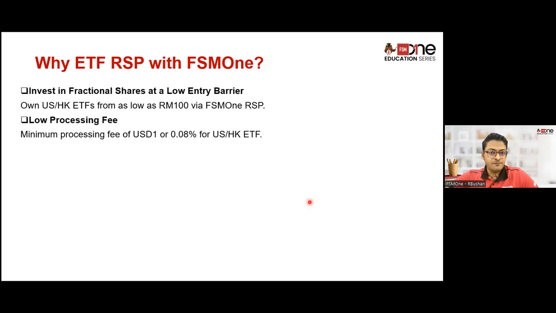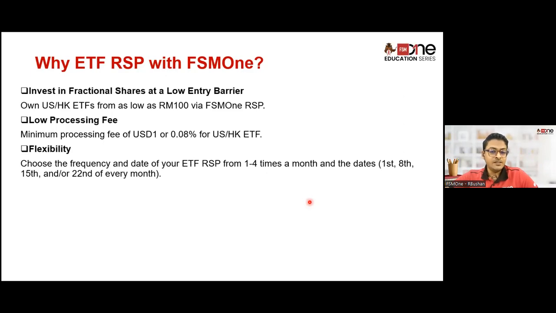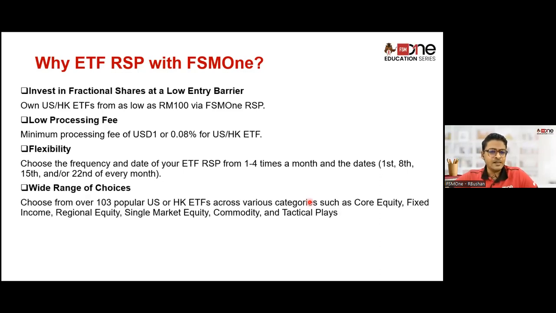It has low processing fees compared to outright buying the ETF itself. Okay, the flexibility: you can choose 4 different dates when you want to do your ETF, either on the 1st, the 8th, 15th, or 22nd of every month. So tomorrow will be the next immediate date. And then there is a wide range of ETFs.